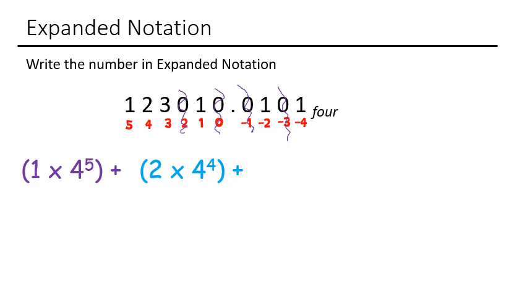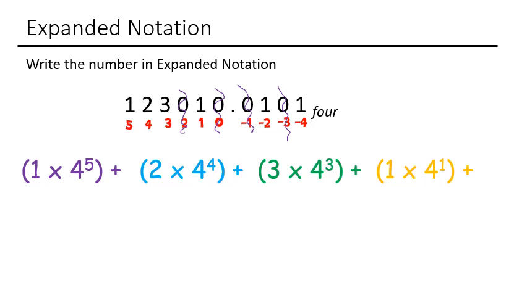Then next will come 3 times 4 to the 3rd power. Remember that the second power place value doesn't matter because it's going to be 0, so we can skip that and go right to this one. That would be 1 times 4 to the 1st power.